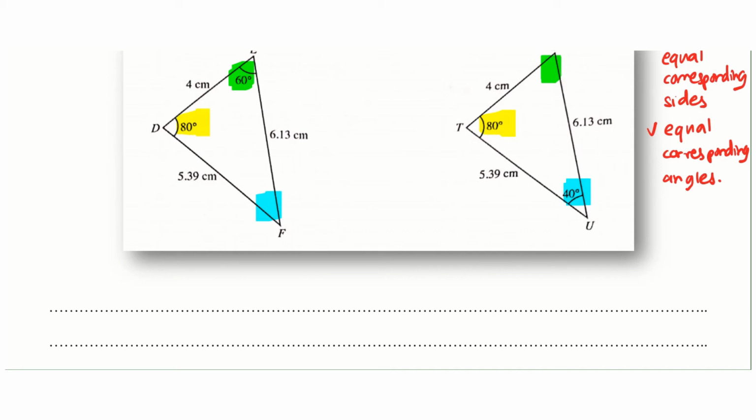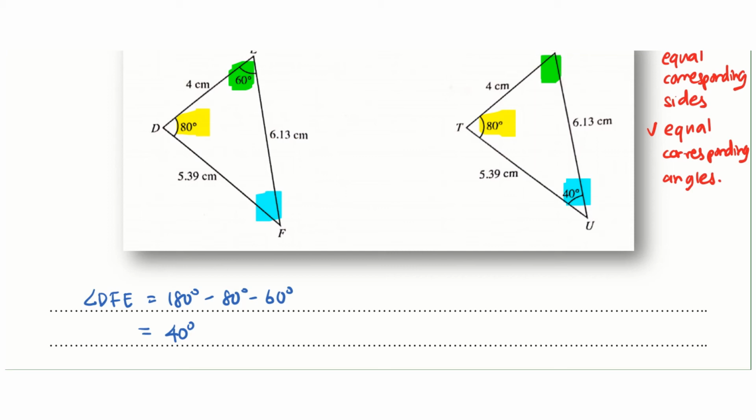For triangle DEF, I can find angle DFE by considering 180 minus 80 minus 60 degrees, and that will give us 40 degrees.